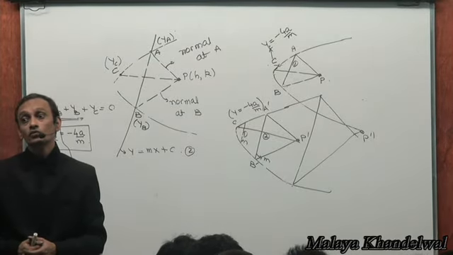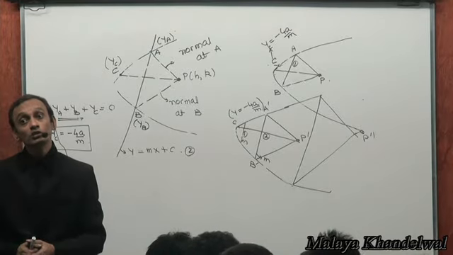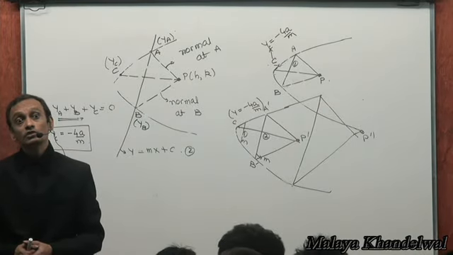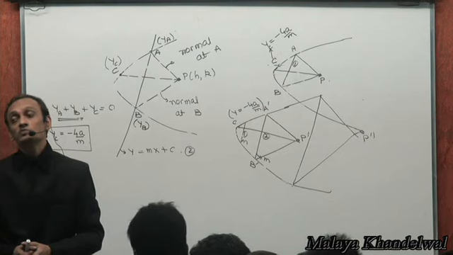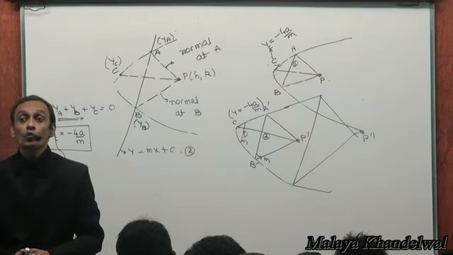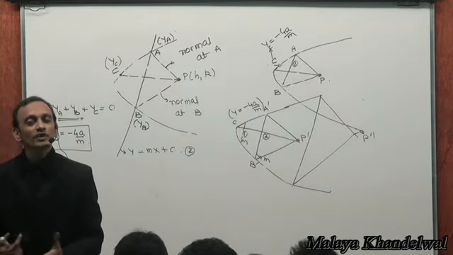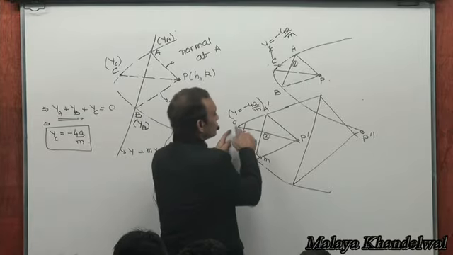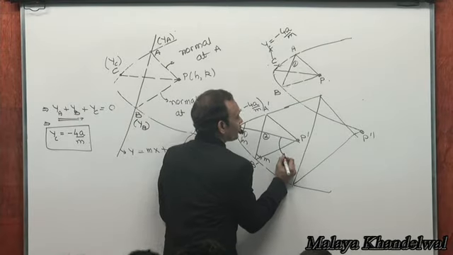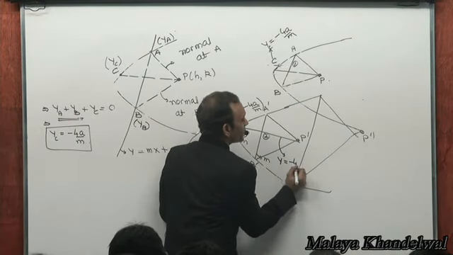Which means the third normal must be along the line y equal to minus 4a by m. Yes or no? The third normal, which is this, must be along y equal to minus 4a by m.